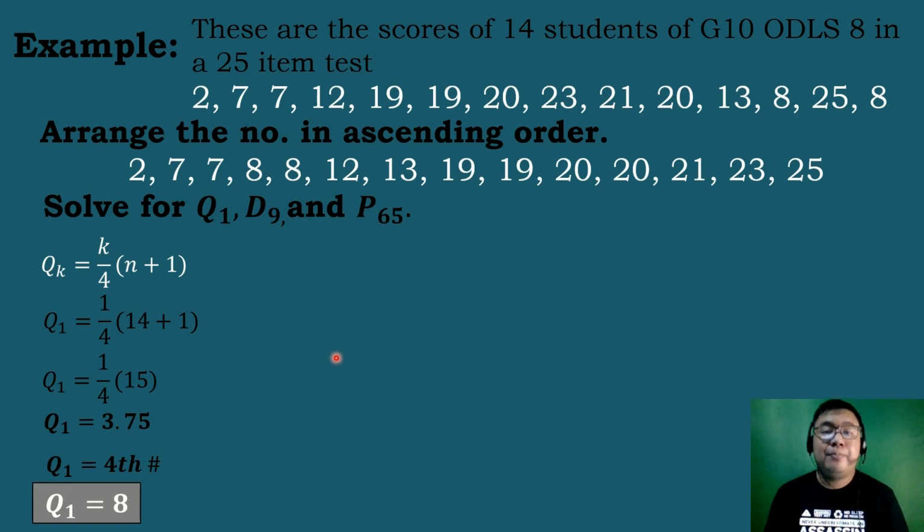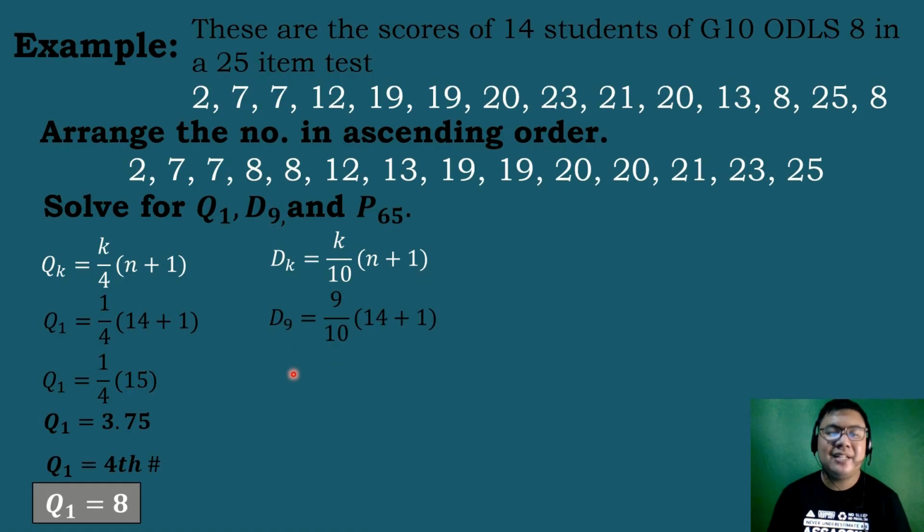Next, let's compute for the value of decile 9. And we will be using the formula of the decile. D sub k is equal to k over 10 times the quantity n plus 1. We will be substituting the value of k, and that is equal to 9.